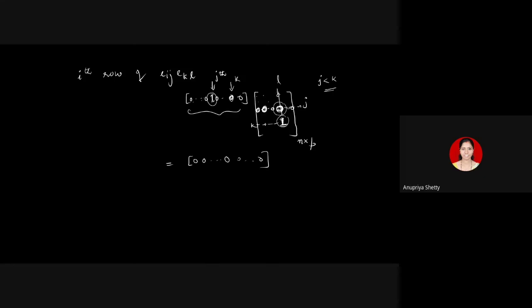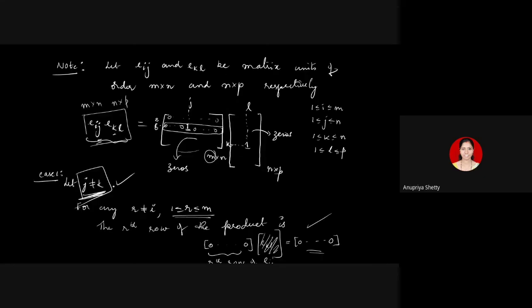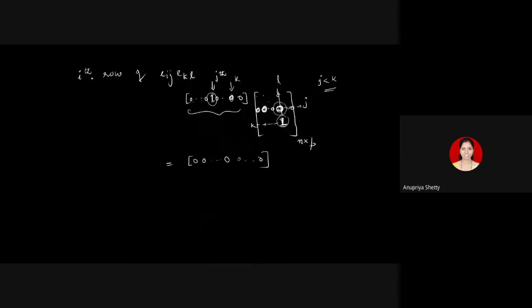So what has happened? In case 1, when j and k are different, all the rows except the ith row are already zeros. All other rows except the ith row are zeros. And surprisingly, the ith row is also 0.